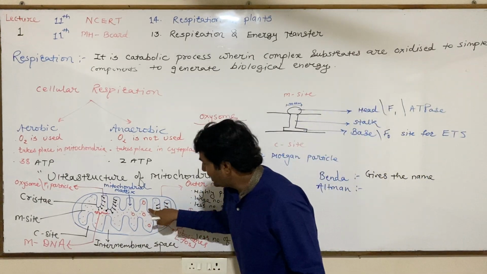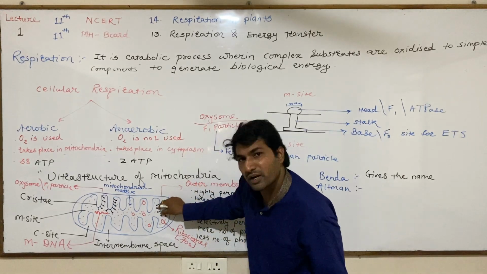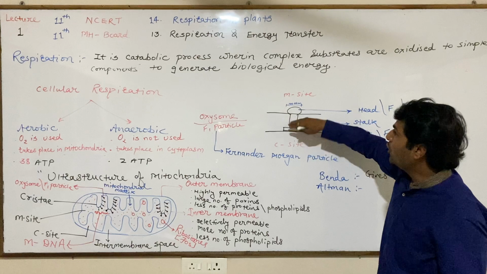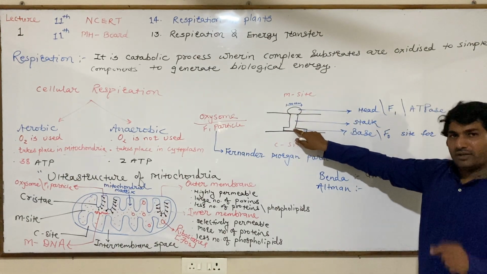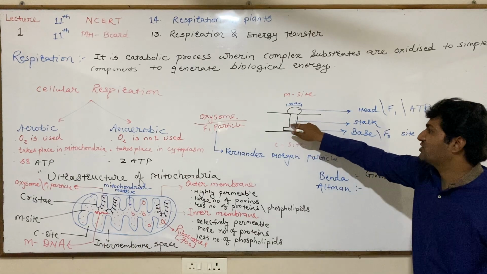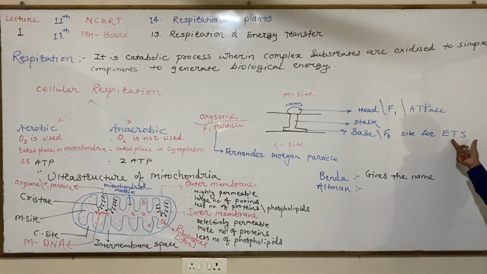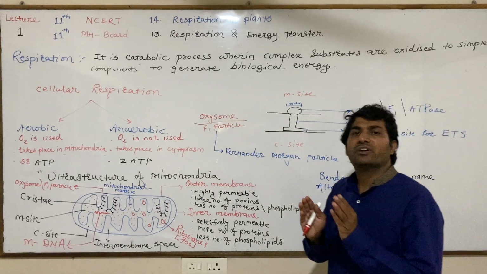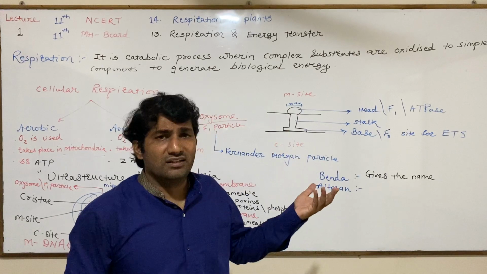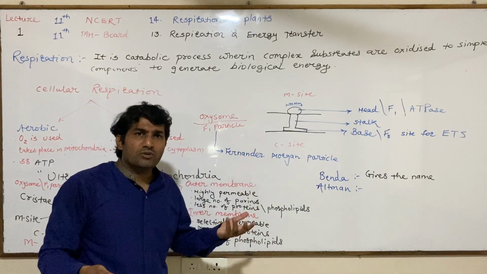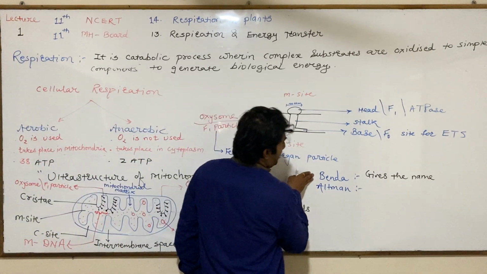So on the M side there is F1, and the embedded parts are the stalk and base, also known as the F0 site, which is for the electron transport system. What are ETS, Krebs cycle, and glycolysis? We will discuss in the next lecture.